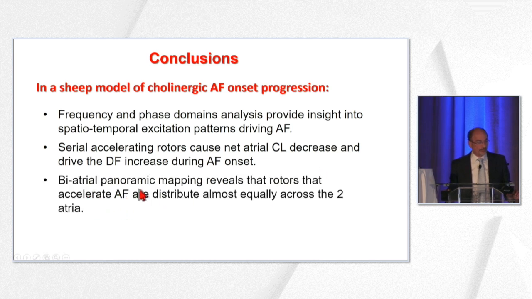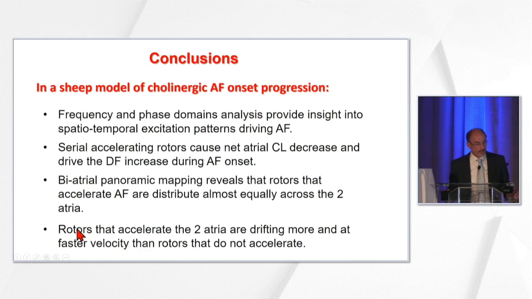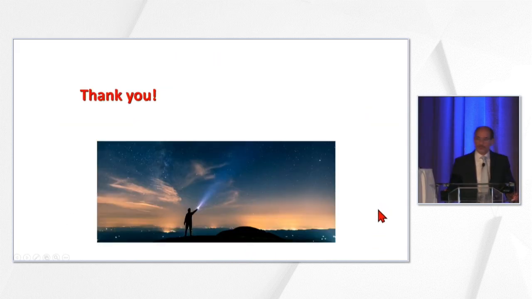And biatrial panoramic mapping is critical. It reveals that rotors that accelerate atrial fibrillation are distributed almost equally across the two atria. But rotors that accelerate the atria are drifting more and at a faster velocity than rotors that do not accelerate. Thank you very much for your attention.